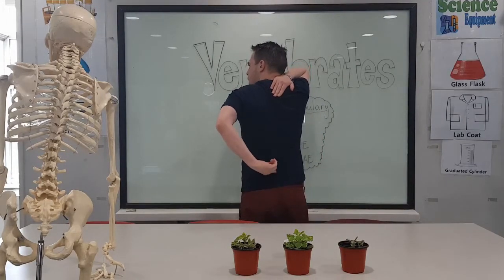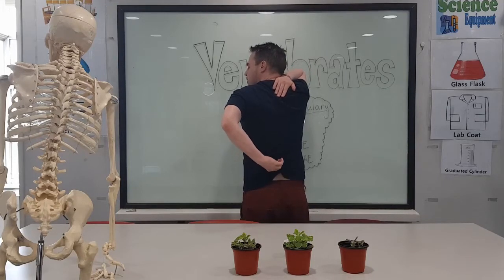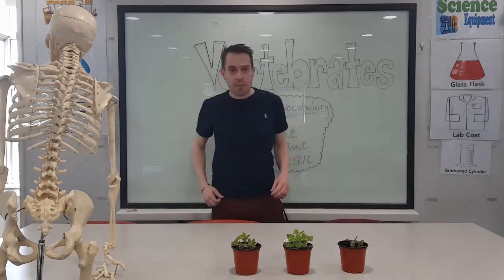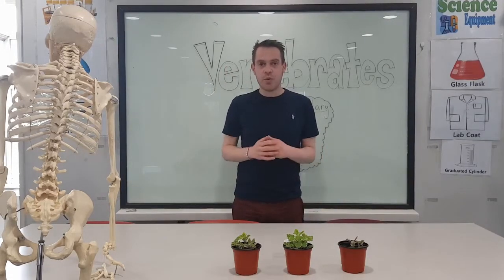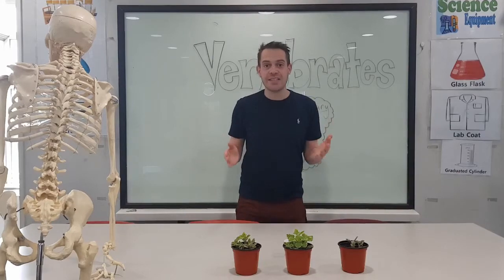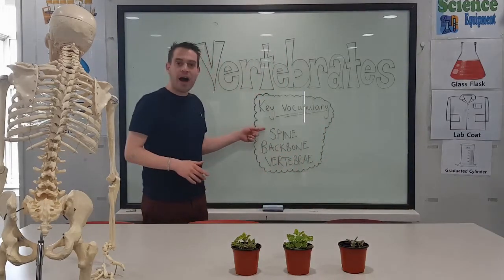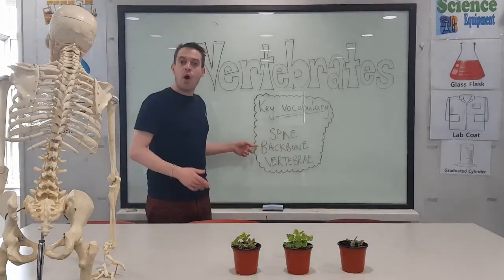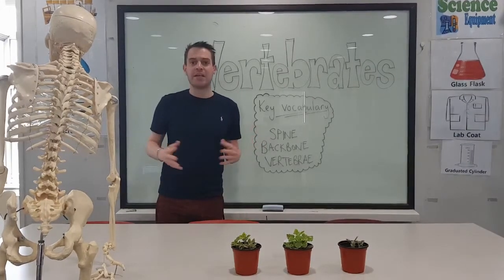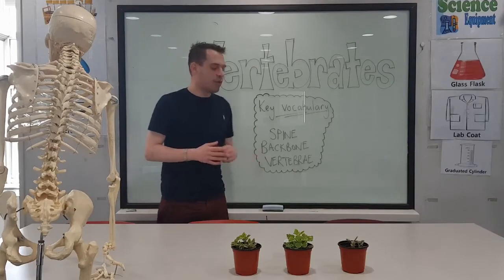Up and down. Well, I can feel lots of different lumps. There's some places that are hard and some places that are a little bit hollow. Some places feel lumpy and some spaces don't feel lumpy at all. Well, that is your spine, otherwise known as your backbone, or a scientific or medical term, we would call that the vertebrae.